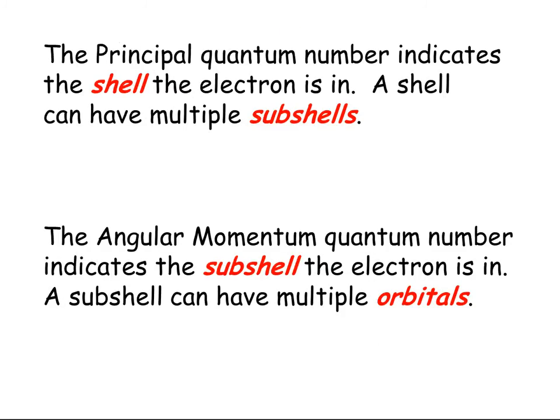The principal quantum number indicates the shell that an electron is in. A shell can have multiple subshells. The angular momentum quantum number indicates the subshell the electron is in, and the subshell can have multiple orbitals.